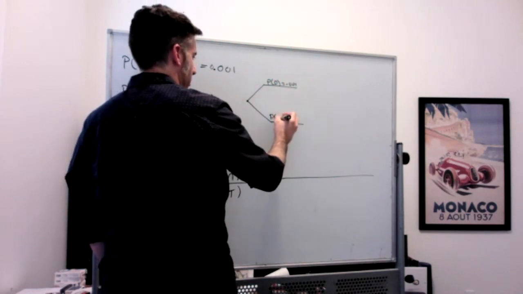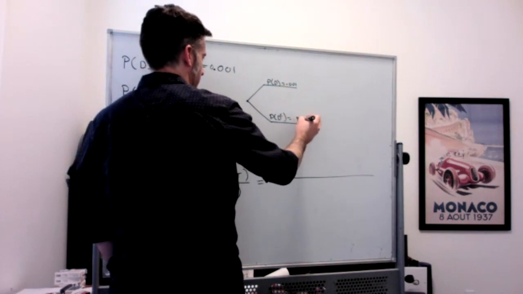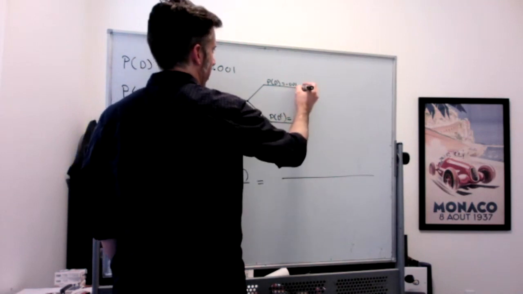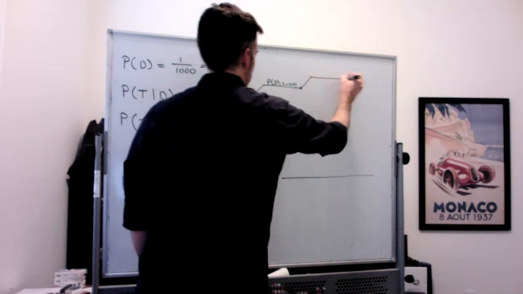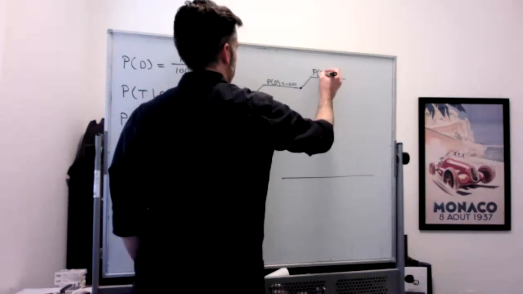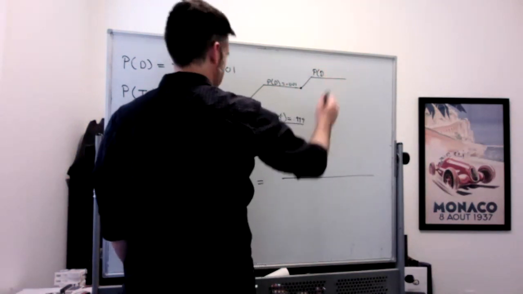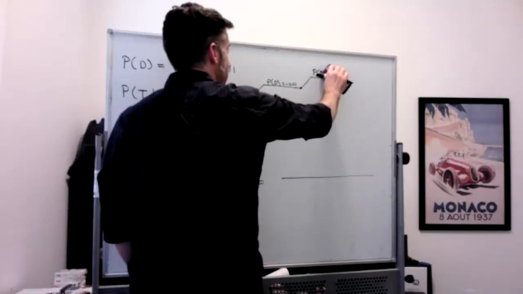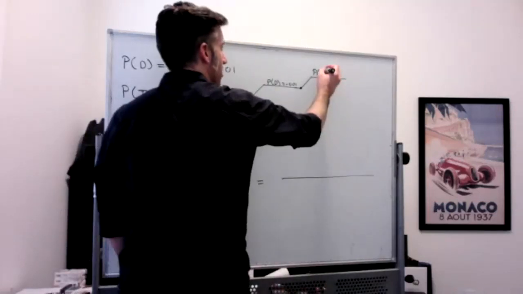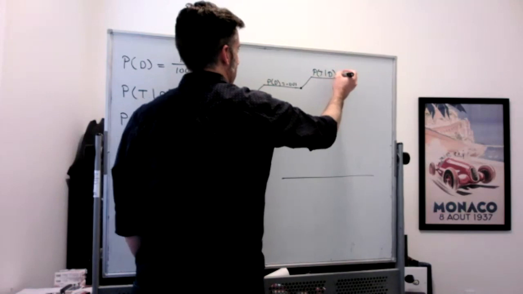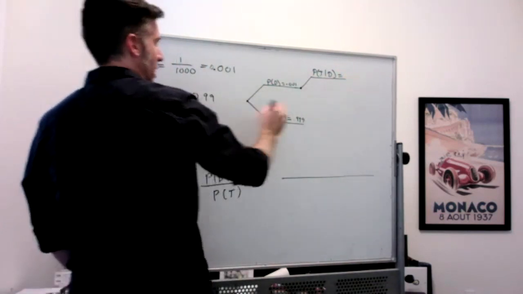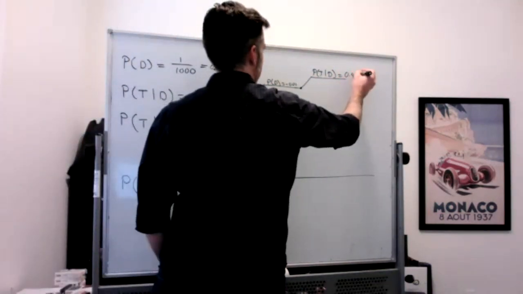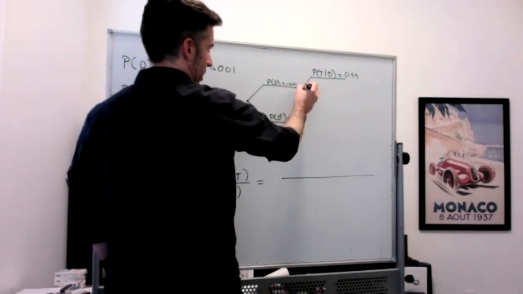Probability of not having the disease is 0.999. And then from there, you can have a positive test given the disease, which is 0.99. I don't actually really care about this other branch.